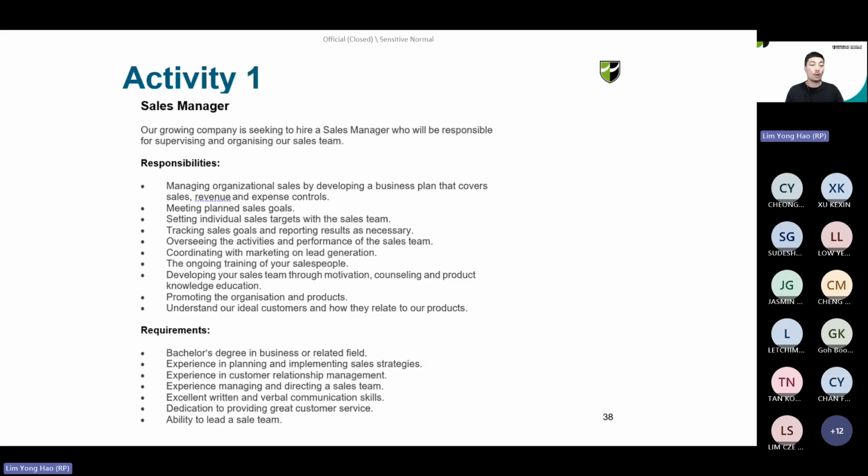So requirements: bachelor's degree, experience in planning, experience in customer relations, experience managing and directing a sales team, excellent written and verbal communication skill, dedication to provide great customer service, ability to lead a team. So there's a bit of ability and skill here, and of course the knowledge based on the qualification.